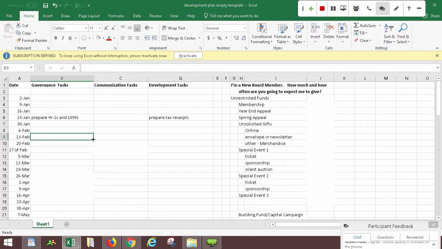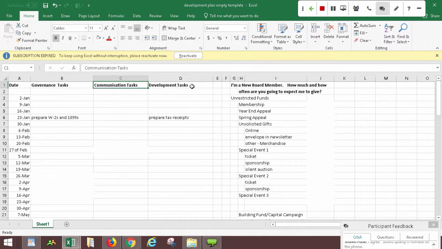So those are the rows. The columns are the governance tasks that are going to take up your executive director's time and affect your board. Communications tasks, which are going to be driven by governance tasks and development tasks and program tasks, which aren't shown here.